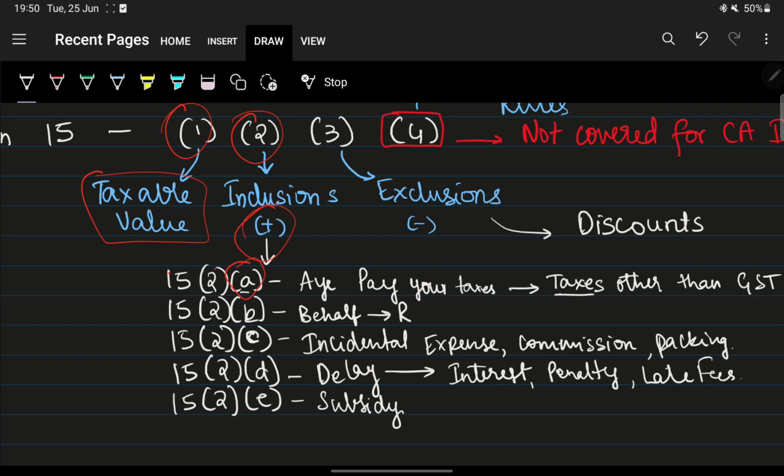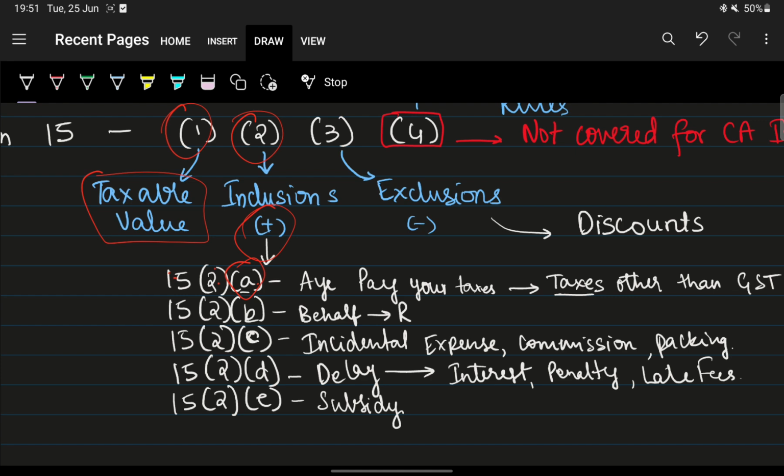Remember A: pay your taxes, man. You remember that any tax that is paid or payable other than GST and TCS is to be added to the value of supply. Okay, that is clause A.